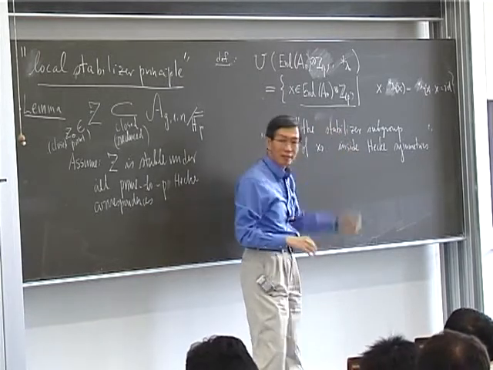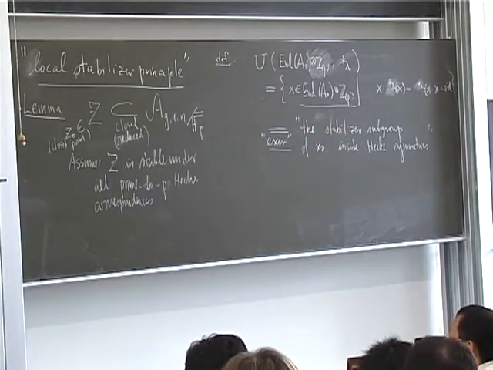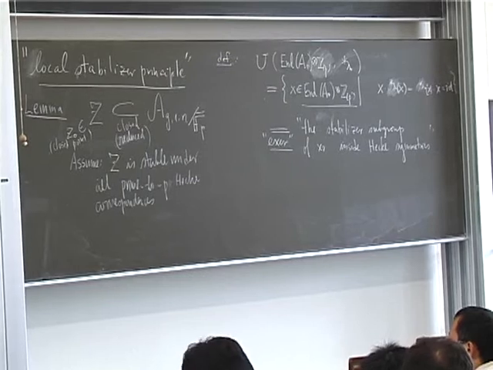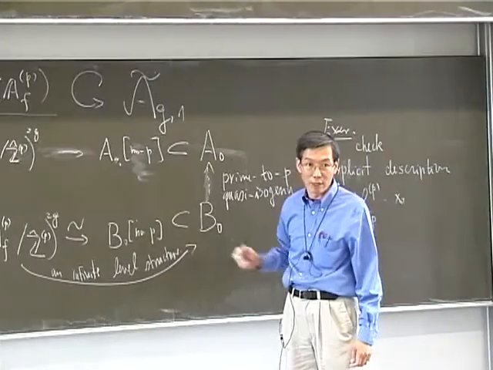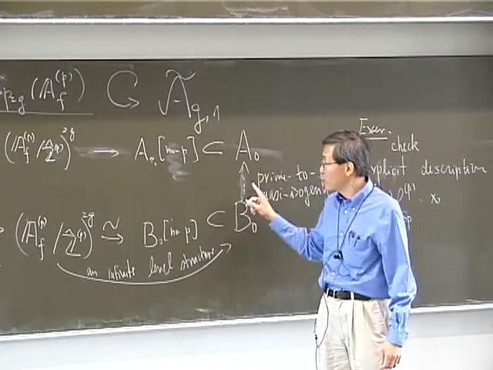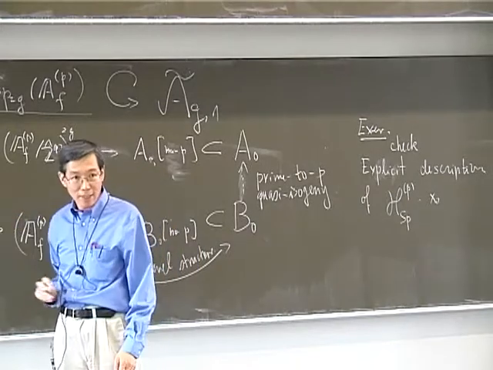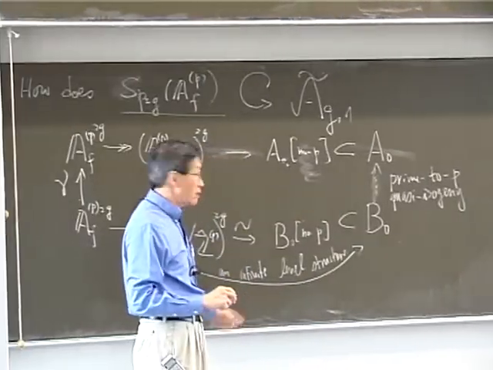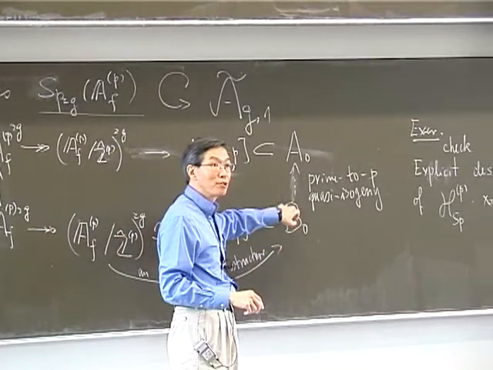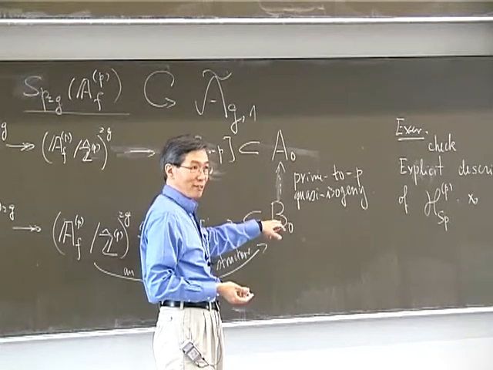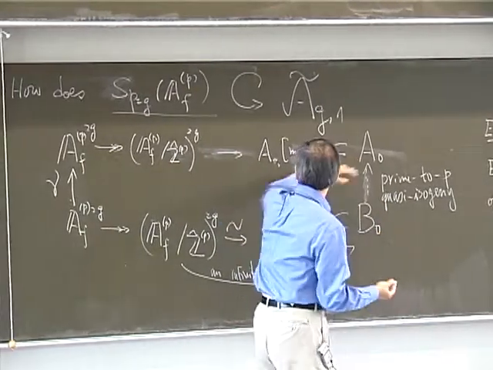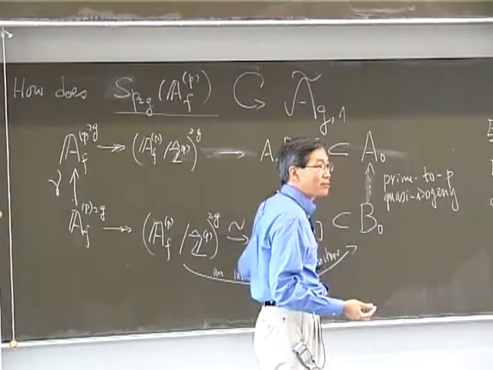Why is this an exercise? If you look at this diagram, which is still here. Generally, it's hard. In general, this B0 is not A0. But if gamma is a prime to P quasi-isogeny that preserves the principal polarization, then B0 can be taken just to be A0. That's clear. Because this element gamma sort of maps to itself, and so in a tautological way this diagram commutes.